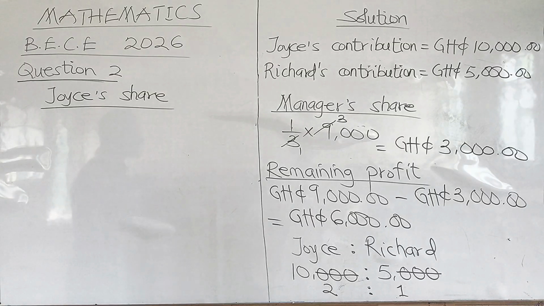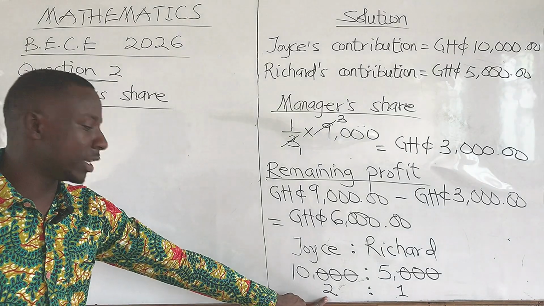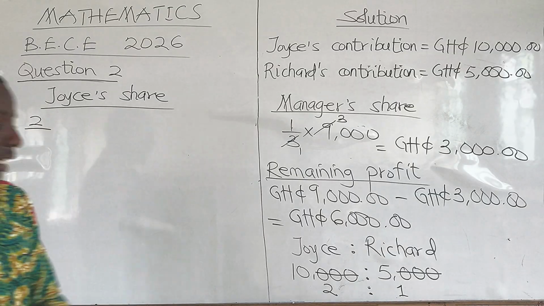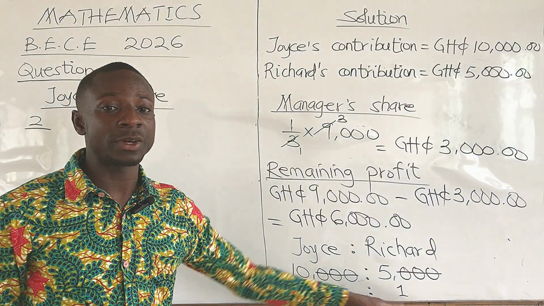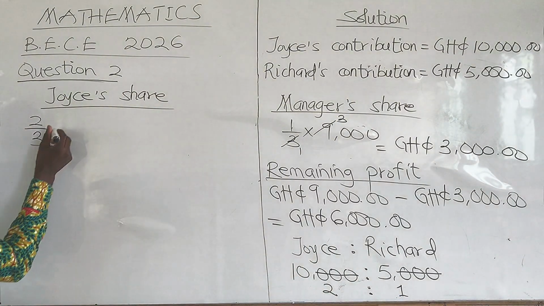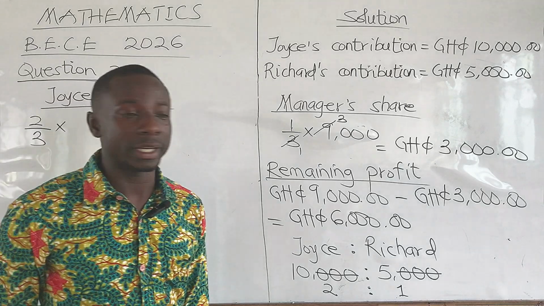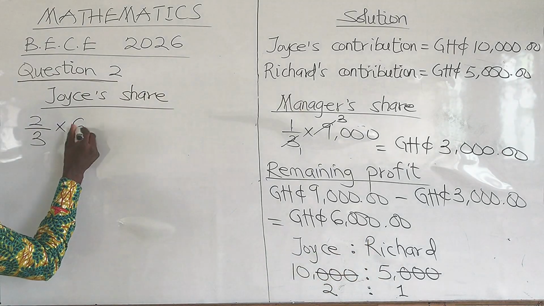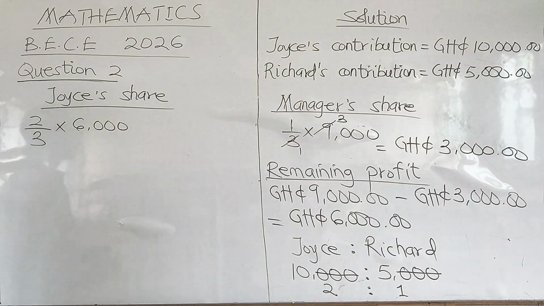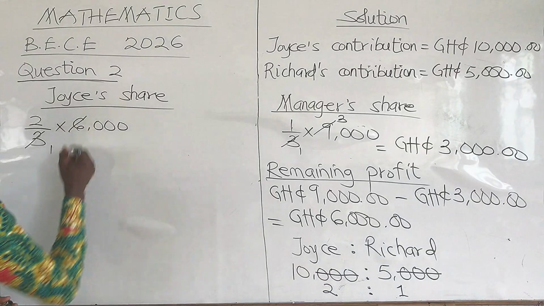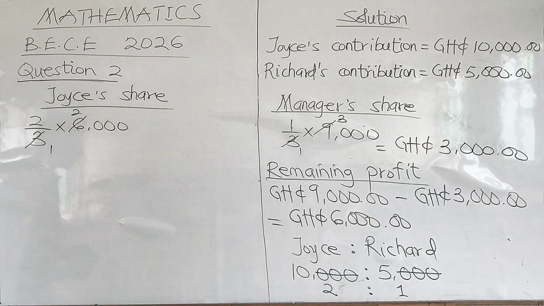So we want to look at Joyce's share. Now Joyce's share is going to be the ratio for Joyce, 2 out of the total ratio, and here the total ratio is going to be 3, which is 2 plus 1. And it is going to be multiplying the profit 6,000. So here we are still going to do cancellation. 3 goes into itself 1 time and it goes into 6 2 times.